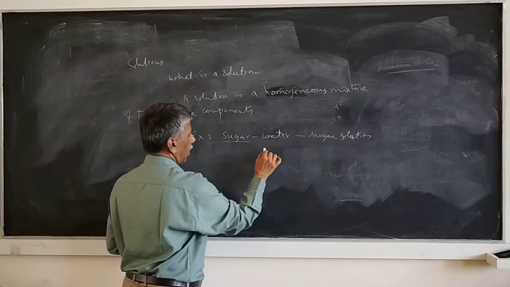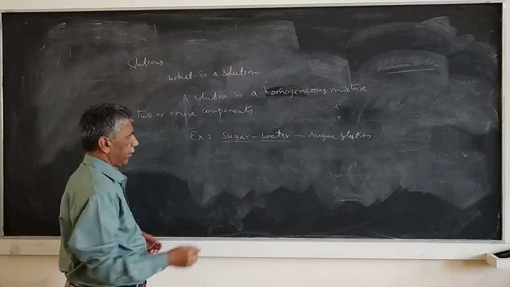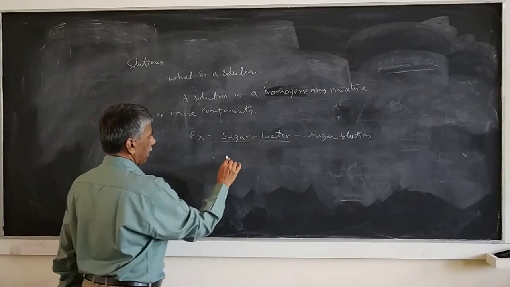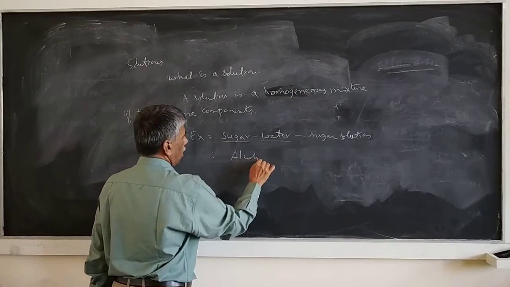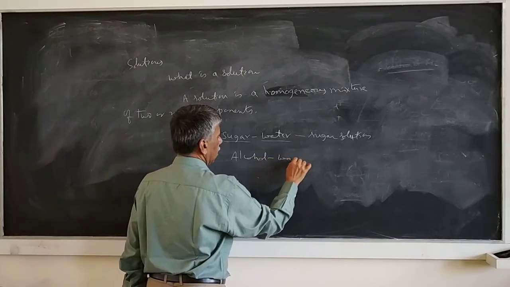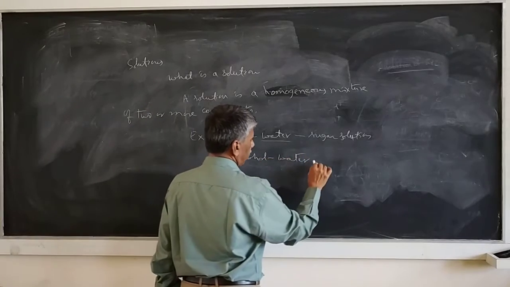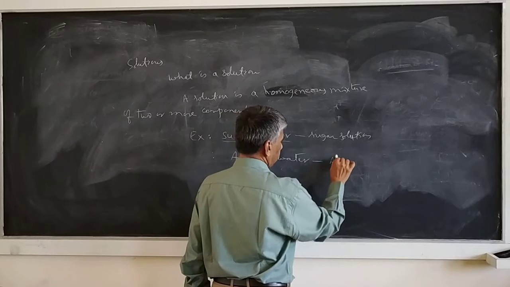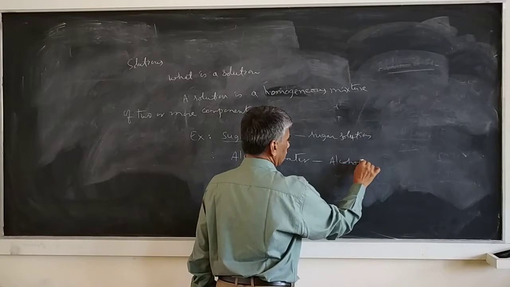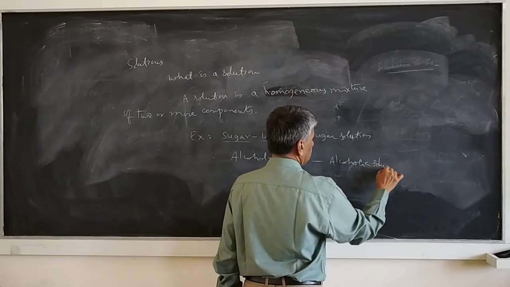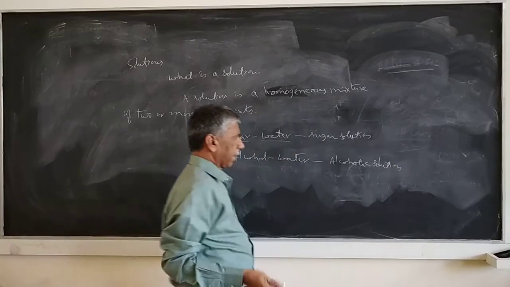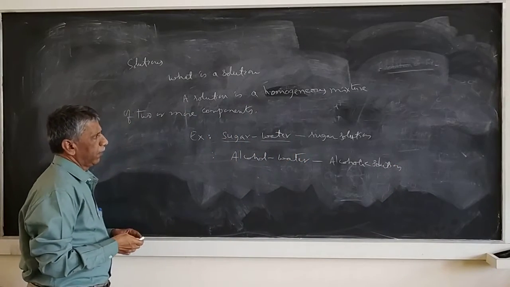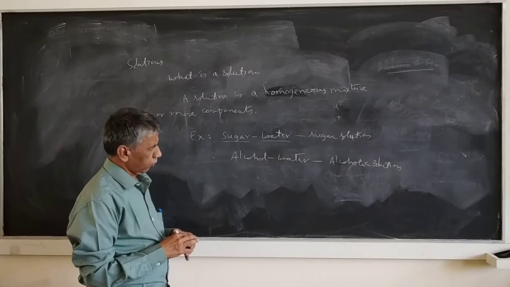One is sugar component, one is water component. Let us take another example. Alcohol, water. This is alcoholic solution. These are some of the examples for solutions.